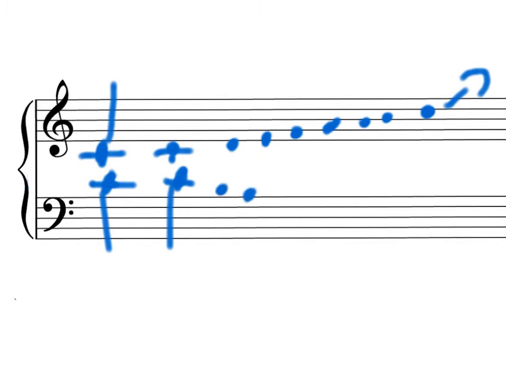B3, A3, G3, F3, E3, D3, and then C3, and then we have B2, and so forth. That is how notation and octaves and registers are notated on the piano as well as on the grand staff.